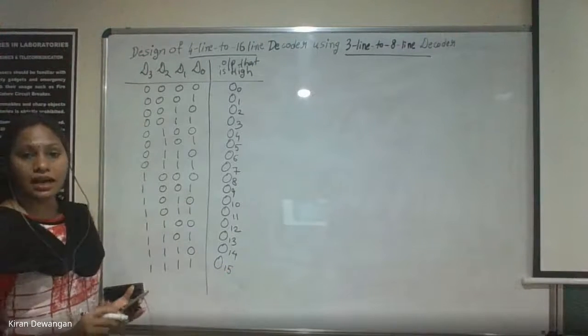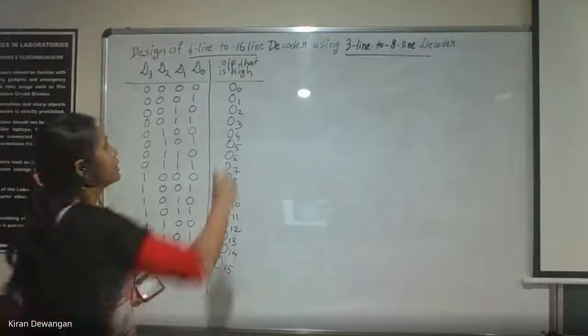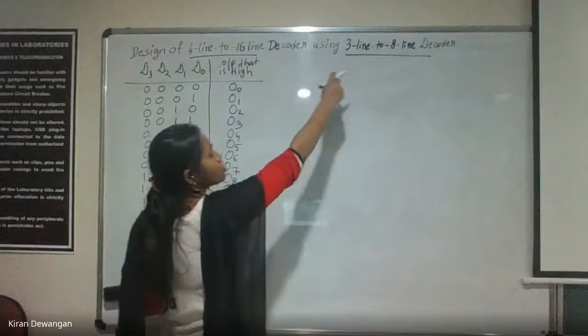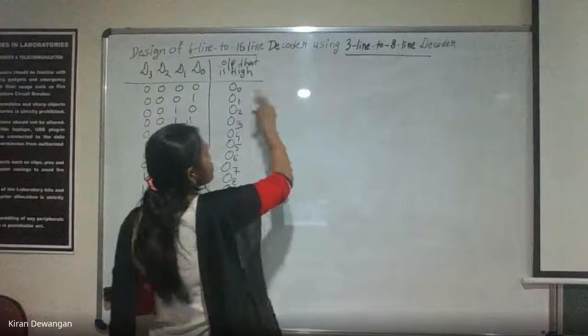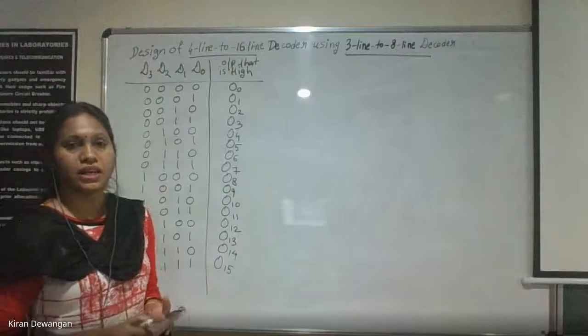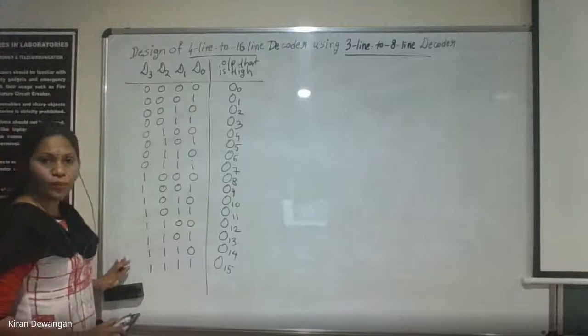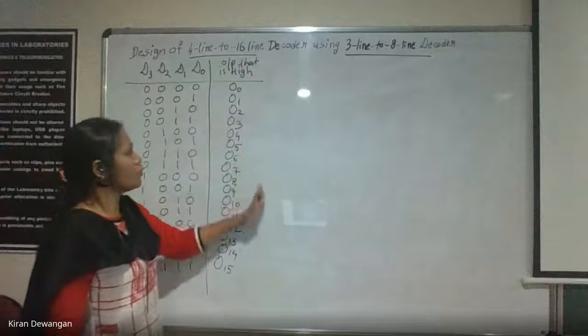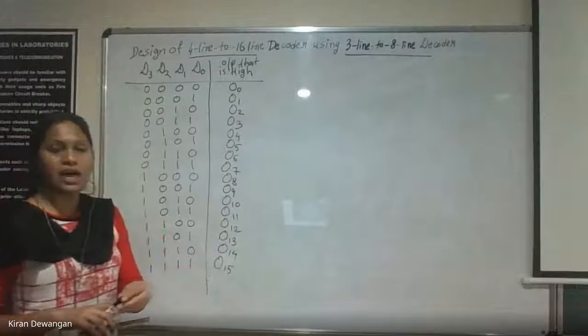In the previous class, we wrote it in terms of all the outputs, and we have written 0, 0, 0, 0, 1, 0, 0, 0, 1, 0, like that. But you can even write it in this form, that these are the combinations of the input, and accordingly we'll get only these combinations high.